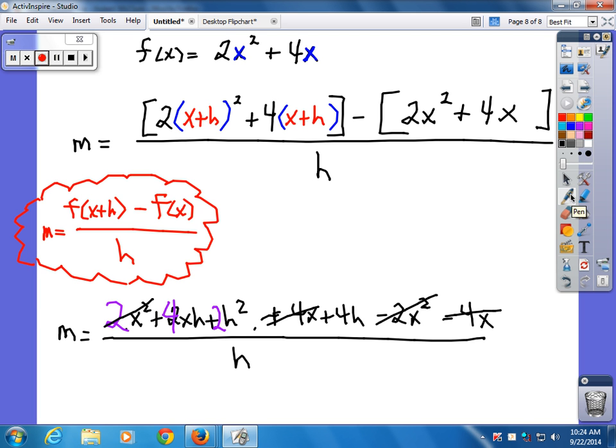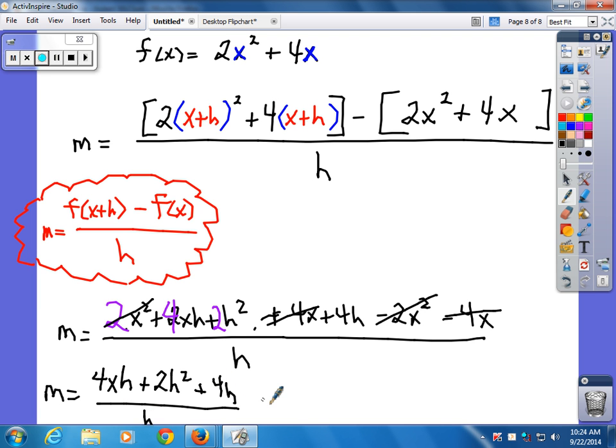So we get m is equal to 4xh plus 2h squared plus 4h over h.